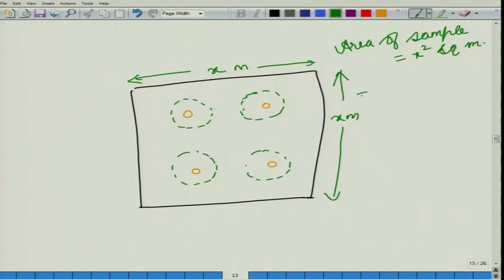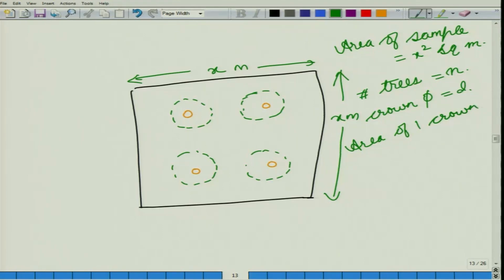Now the number of trees for instance is n and the crown diameter is d. So in this case the area of one crown that is projected down to the ground will be given by pi r squared or pi d squared by 4.